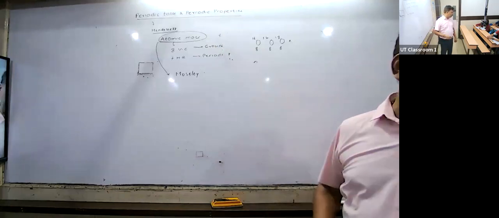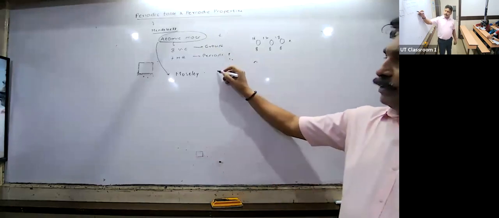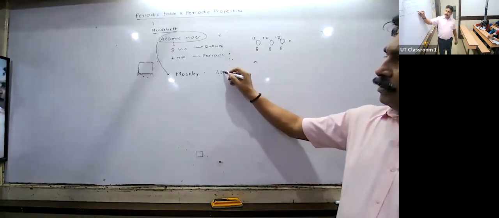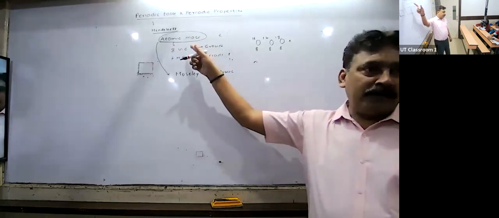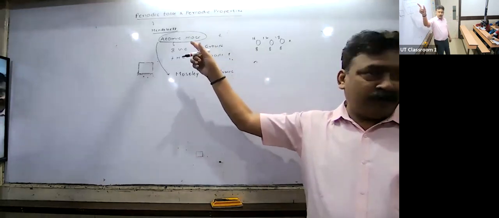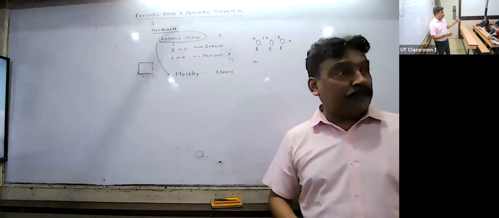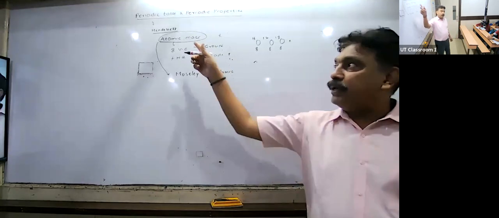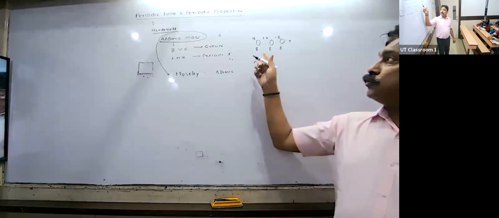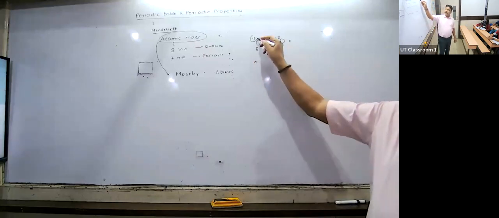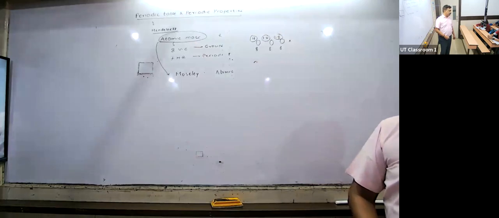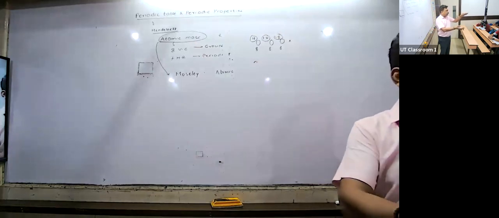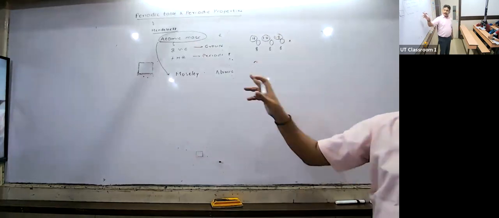It should not have been atomic mass. It is atomic number. Why were elements with dissimilar properties placed in the same group? Atomic mass. Why were elements with similar properties placed in different groups? Again, atomic mass. Why could isotopes not be placed? Because they have different atomic masses. Had it been atomic number, all the disadvantages would have become advantages.